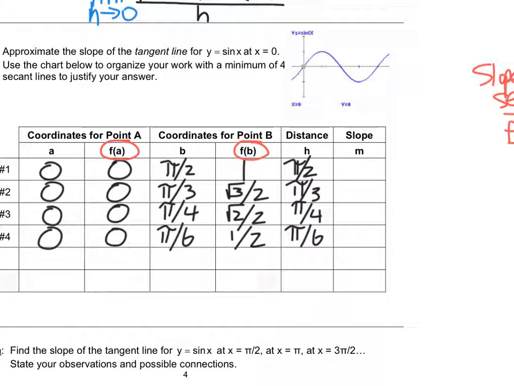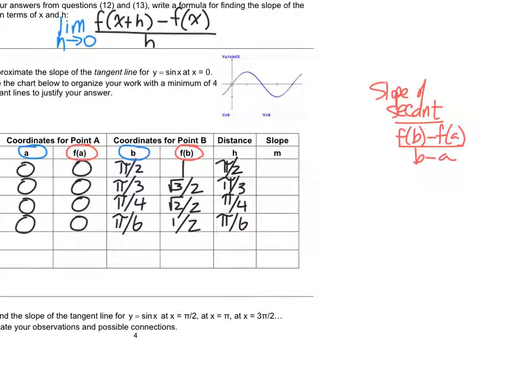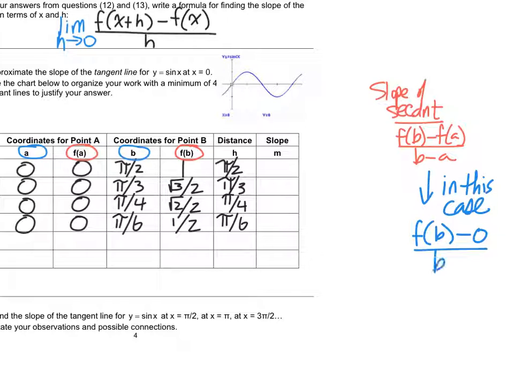We already know that b minus a is just the b column, or h if you want. In this case, because it would be f of b minus 0 over b minus 0, it's just whatever your f of b value is divided by your b value.